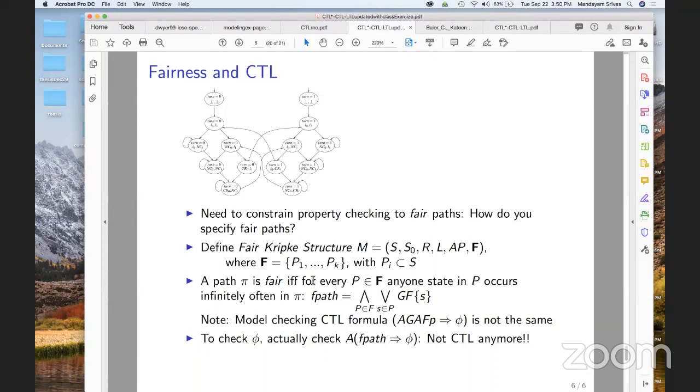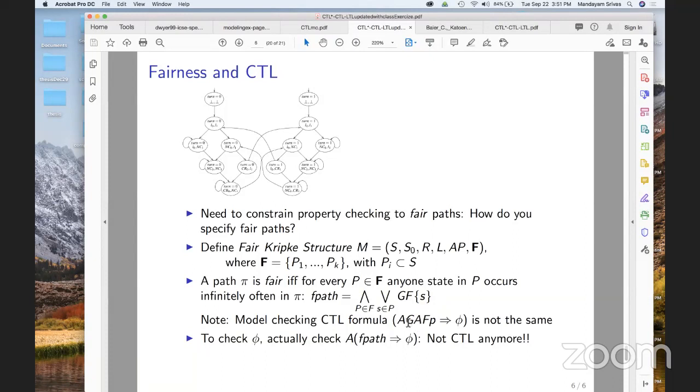Okay, so the fairness constraint requires that some state in each of these P1 through Pk has to occur on a path infinitely often. You could express that, G of F of P, the same as AG of AF of a state. That requires that every path has to satisfy this.